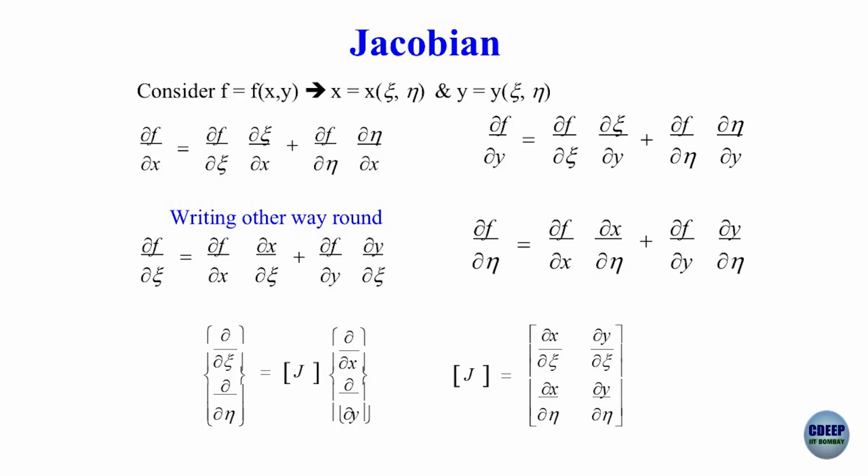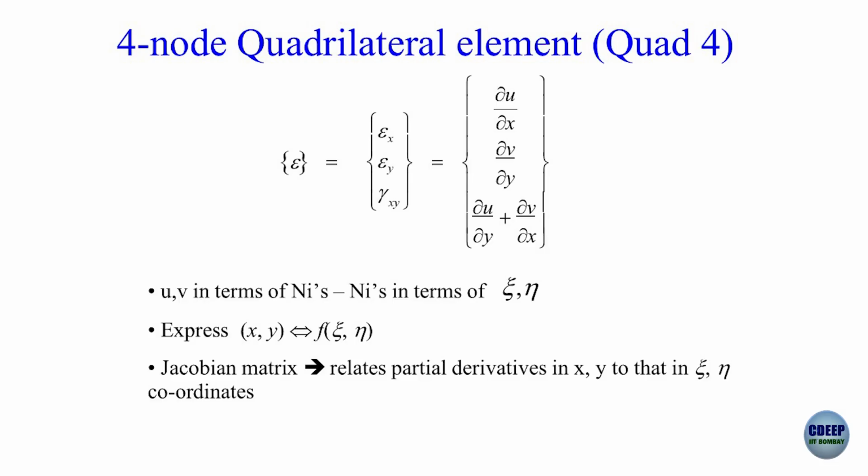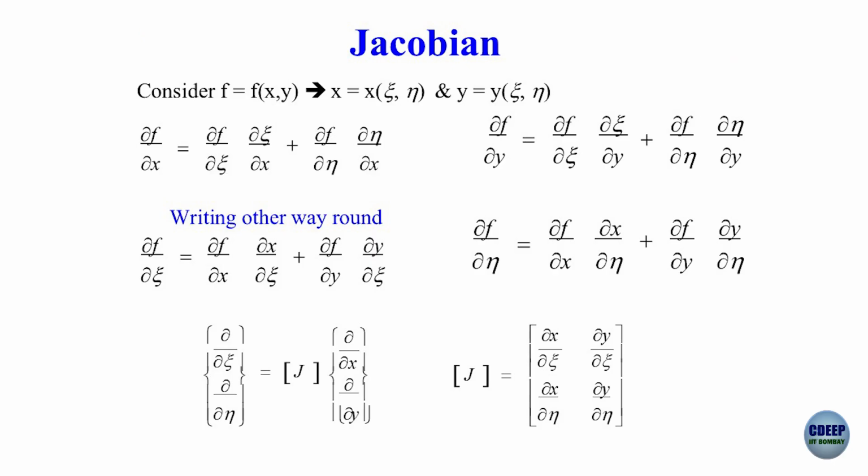If you go back to this expression, the derivatives in zeta eta coordinates are given in terms of Jacobian multiplied by derivatives in xy. But what I am interested in, for example, the heat flux dou T by dou x, dou T by dou y, or the strains epsilon x, epsilon y, gamma xy, are in terms of x and y derivatives. So, I need to flip this equation, which is exactly what I will do now.